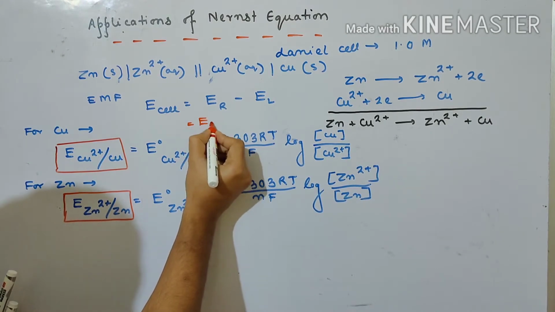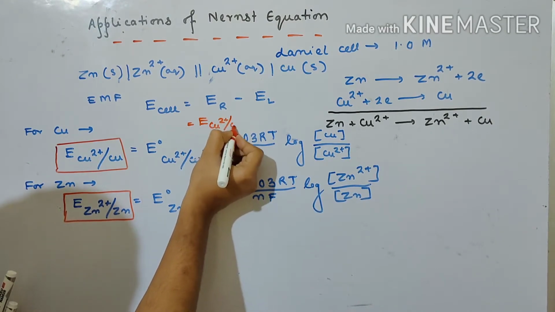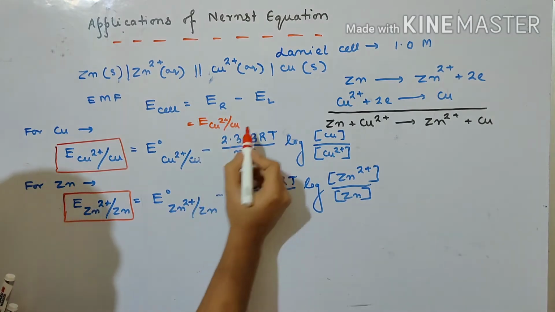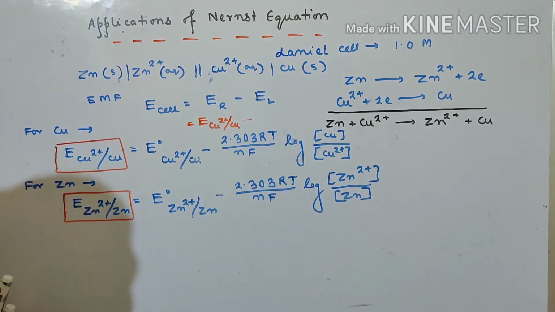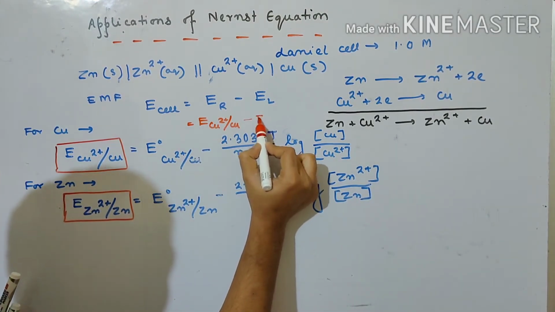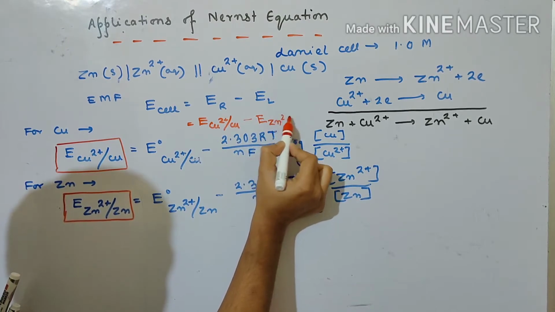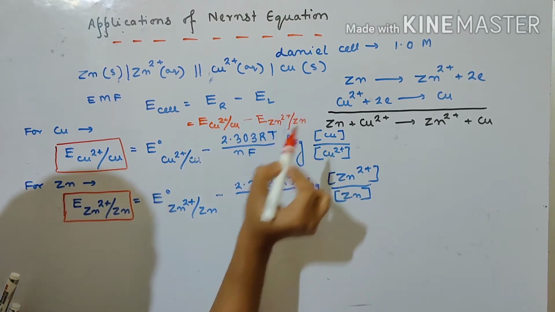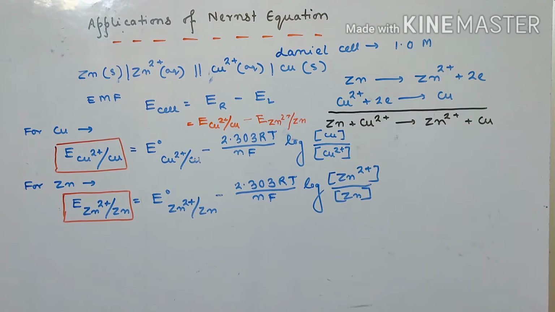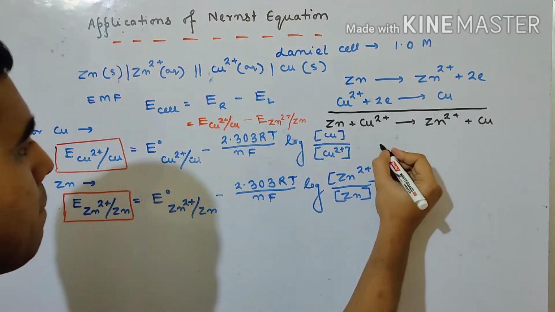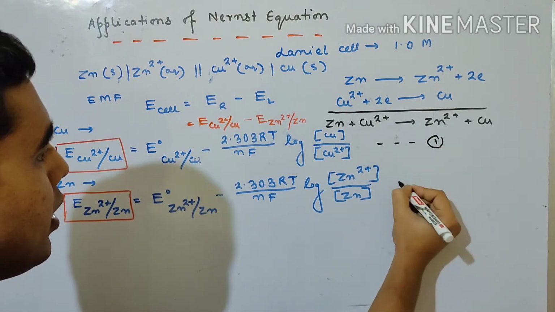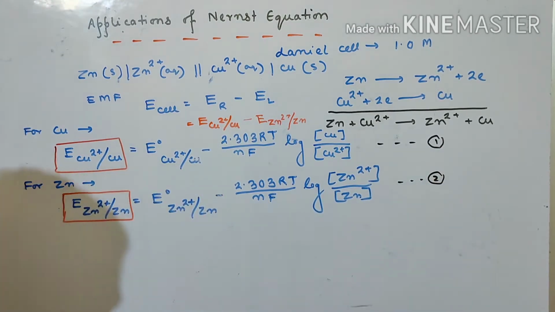So we are basically talking about E of Cu2+/Cu minus E of Zn2+/Zn. These two we have got already, if it is equation number 1 and equation number 2.